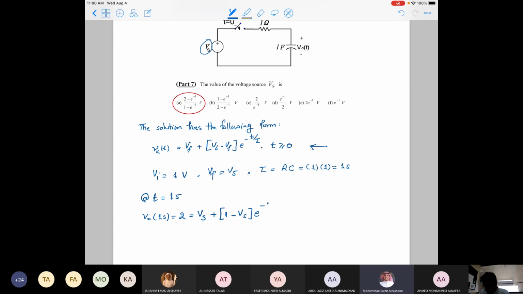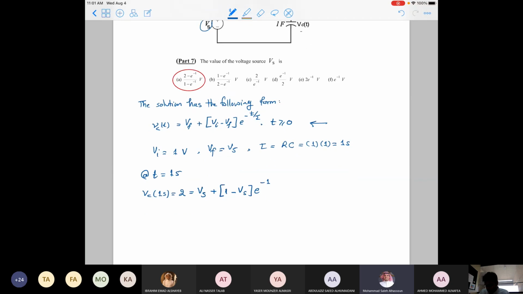Tau is 1, so e to the power -1. Now we can solve for Vs.